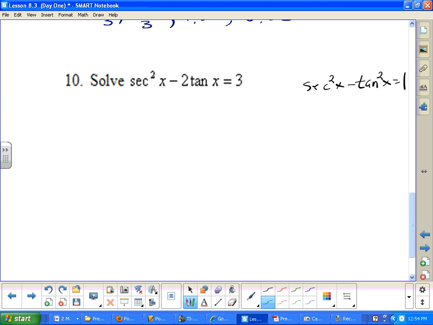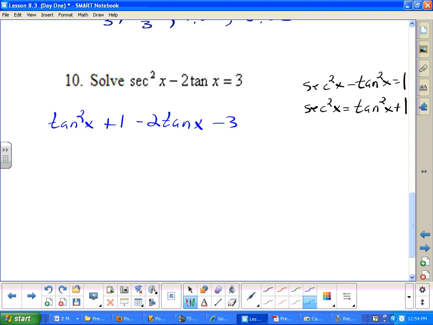Okay, so then secant squared is equal to tangent squared plus 1, right? Okay, so we'll use substitution here. Tangent squared plus 1 minus 2 tangent and minus 3 equals 0 because I want to get it equal to 0, so I'm going to move the 3 over.